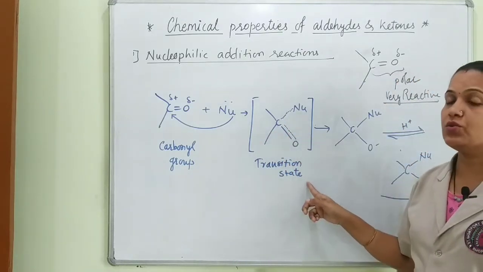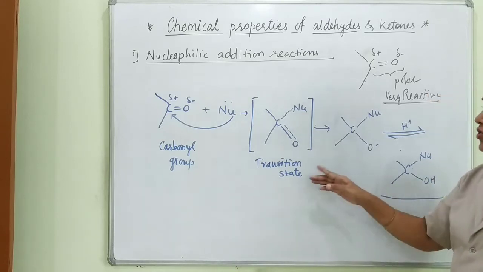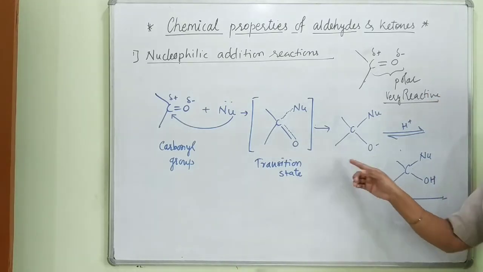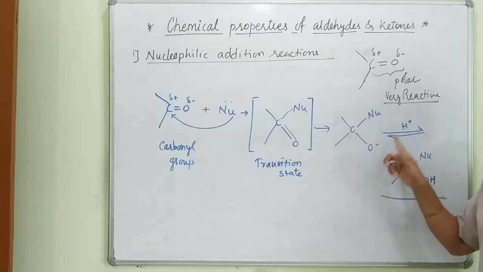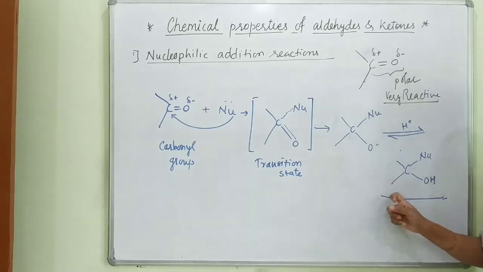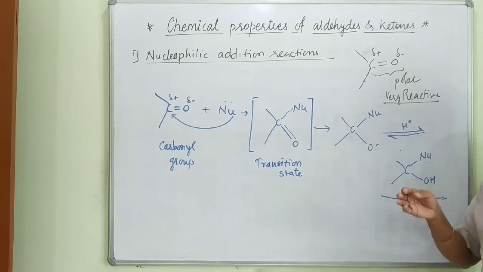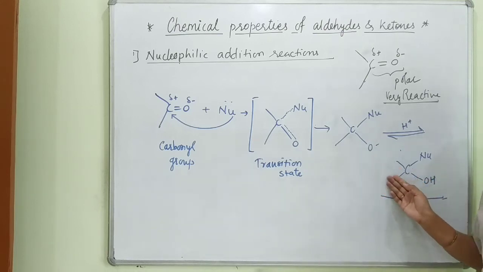As we know, the transition state is not stable, so it converts into this anionic form, and on addition of H plus to it, we get the desired product. Okay, students, in the next class we are going to study more about this.